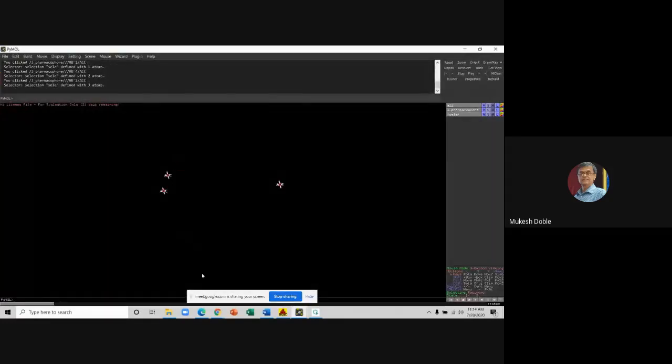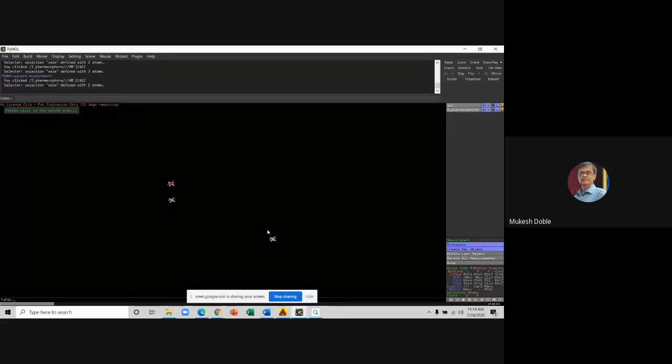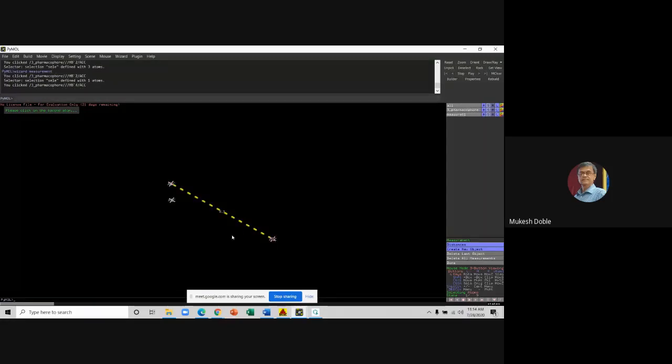We can even get the distances of each of these acceptors. So it's giving the distance, as you can see, between each of these acceptors.